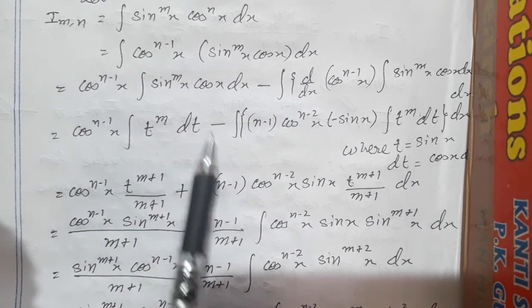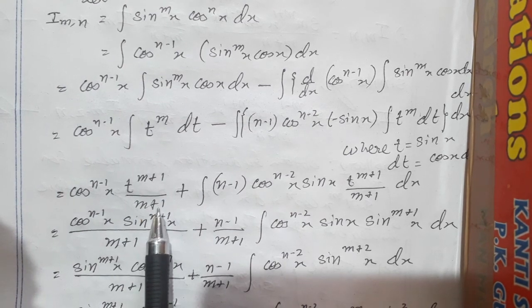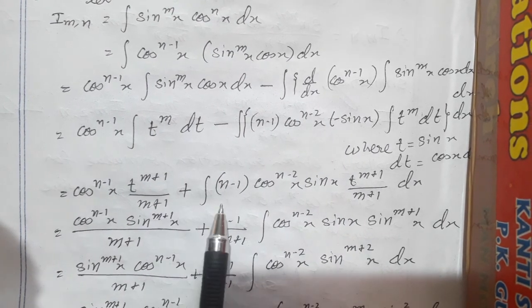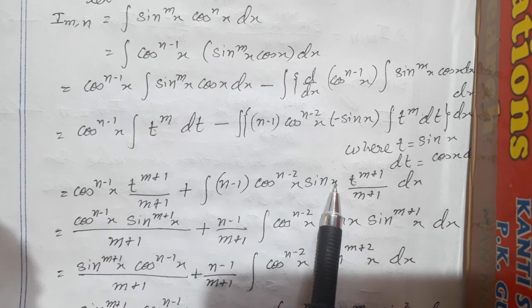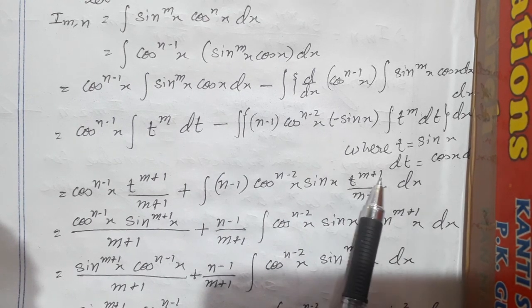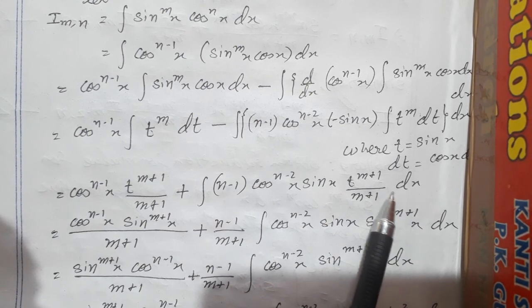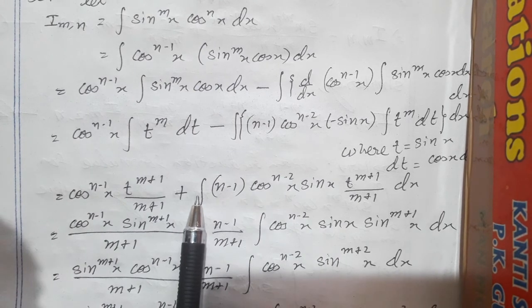If I integrate this with respect to t, we get t^(m+1) divided by (m+1). Here we have minus into minus, we get plus: (n-1) cos^(n-2) x sin x, and here we get t^(m+1) by (m+1) dx. Now m+1 and n-1 are constants, so they come out of the integration.